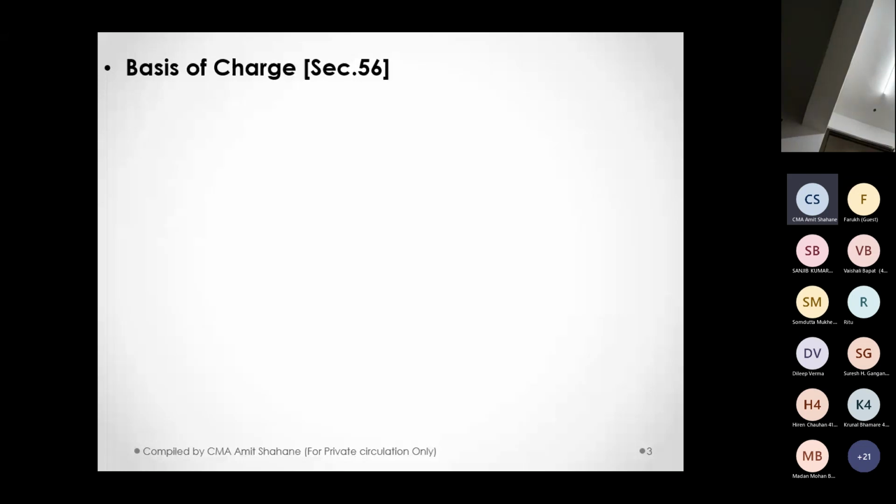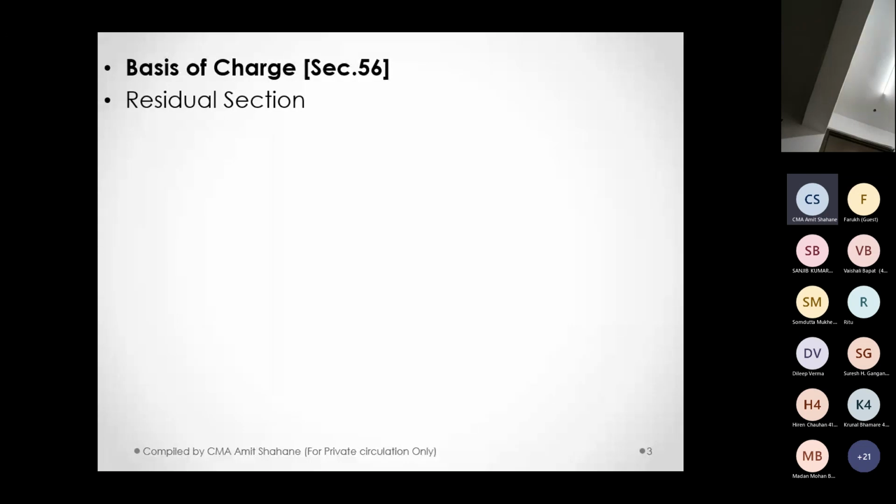Out of the other 4 heads, in this series we have already covered income from salary and business profession, and capital gain will be discussed in the next session. We have also discussed income from house property. Sorry, we have discussed 3 heads as such.